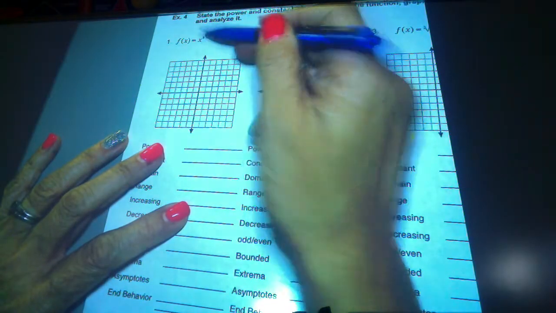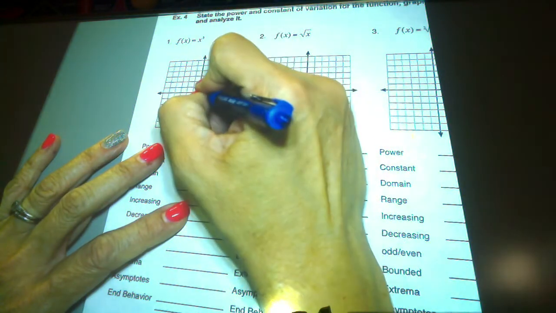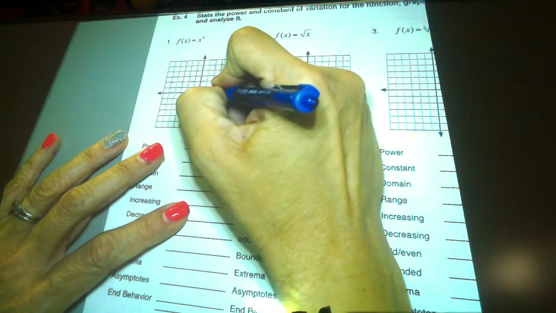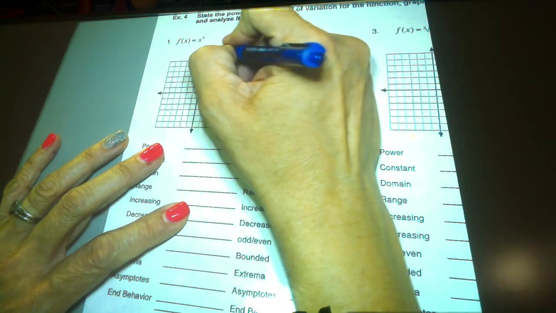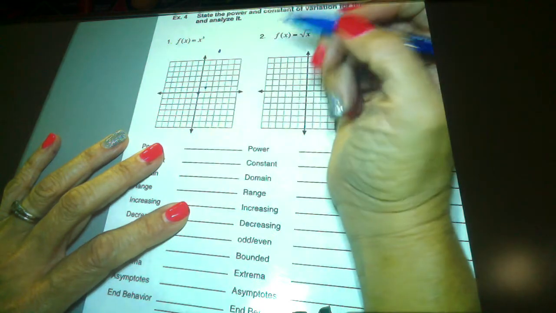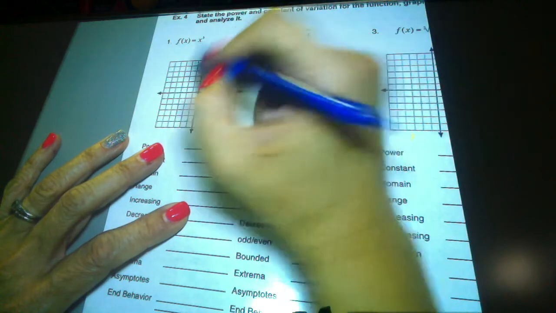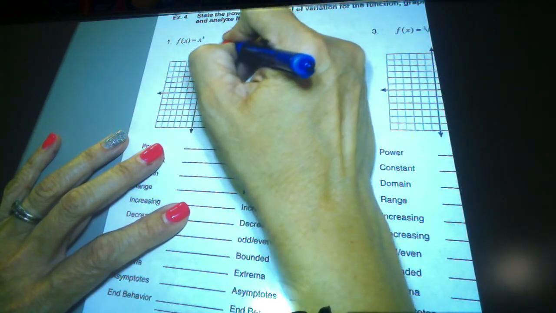Can I take 0 and cube it? What's 0 cubed? 0. What's 1 cubed? 1. What's 2 cubed? 8. So I'm going to go 2 off of my grid, and we'll stop there because I won't be able to fit any more on there. 3 cubed is 27, that's certainly not going to fit. So then I'm going to draw my line through there.